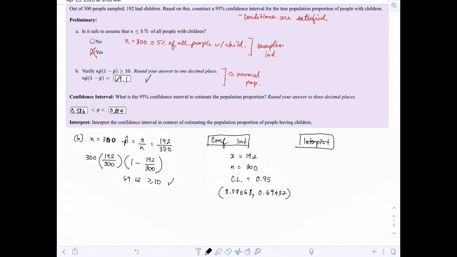It means that we are 95% confident that the population proportion of people with children is between 0.586 and 0.694.